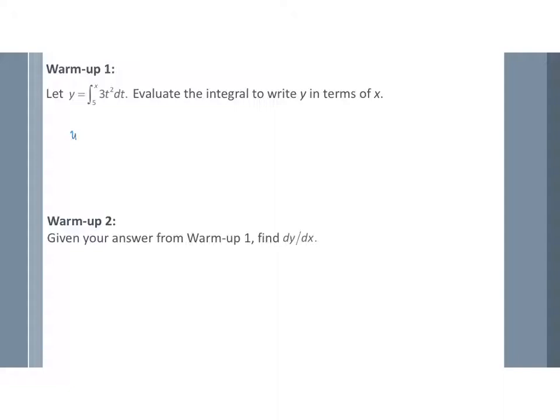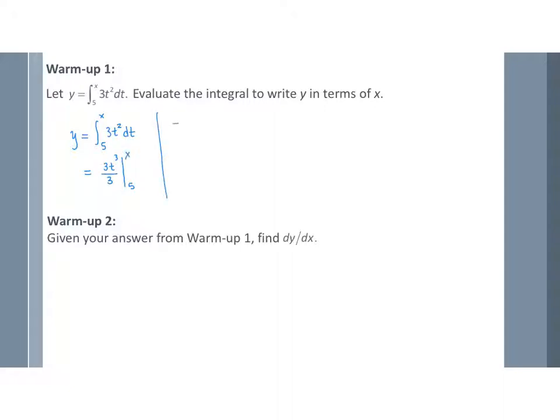So y equals the integral from 5 to x of 3t squared dt. Finding an antiderivative of 3t squared means that we're going to raise the power on t and divide by that new power. And we'll evaluate this from 5 to x.